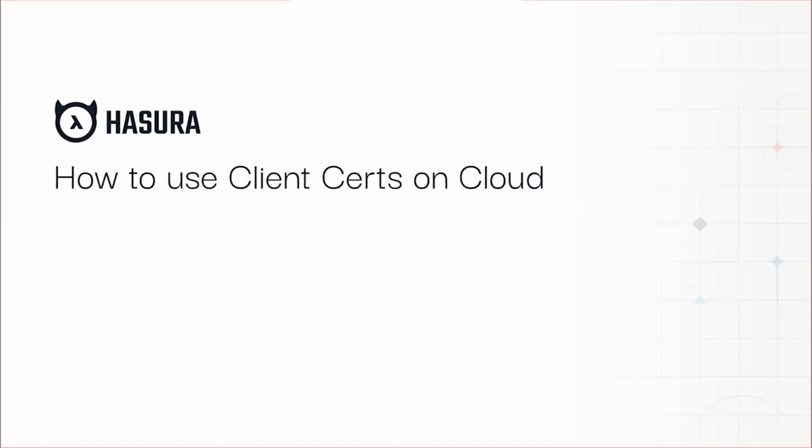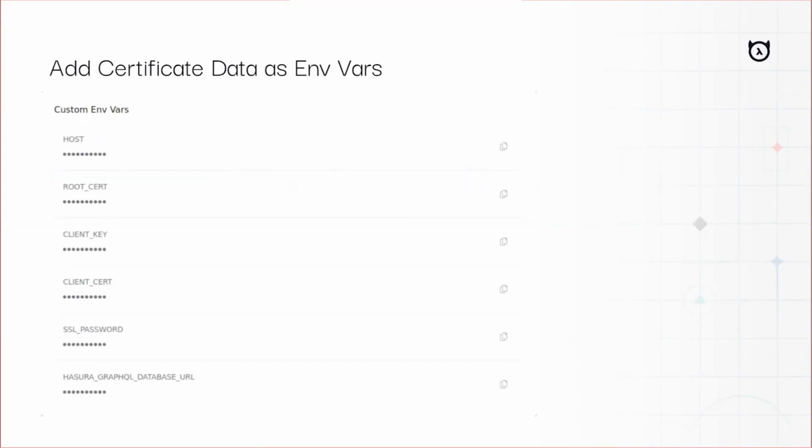Just to show how you would use this in the console, when you're creating a new source or updating a source, you'll have the option to add these custom nvars. Or sorry, let me take a step back. Before doing that, the first thing you would do is go into the cloud console and create all your nvars for all of your certificates. You can use any arbitrary names for these nvars.